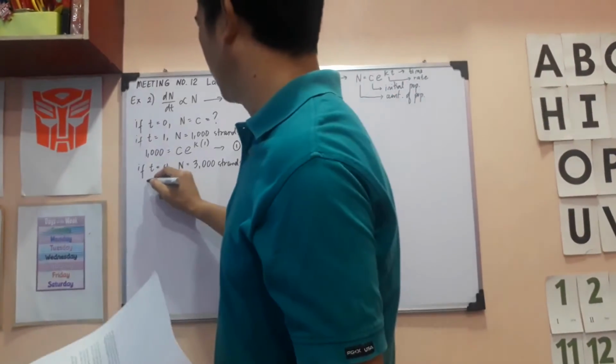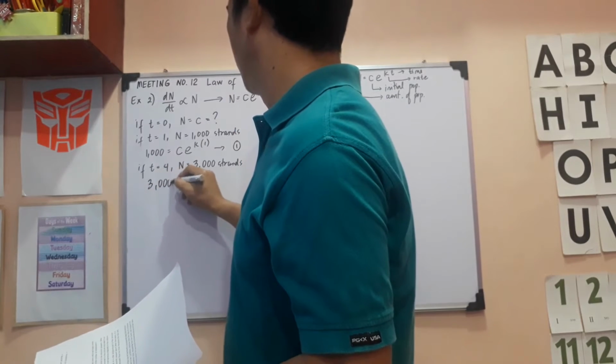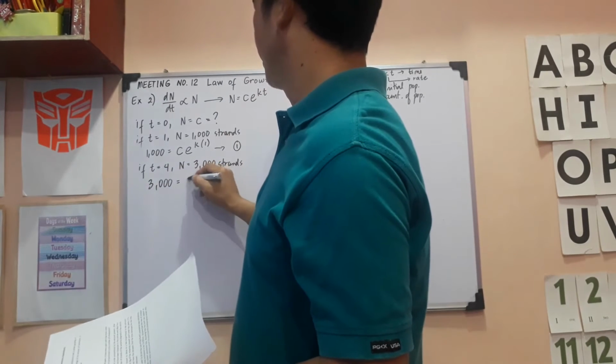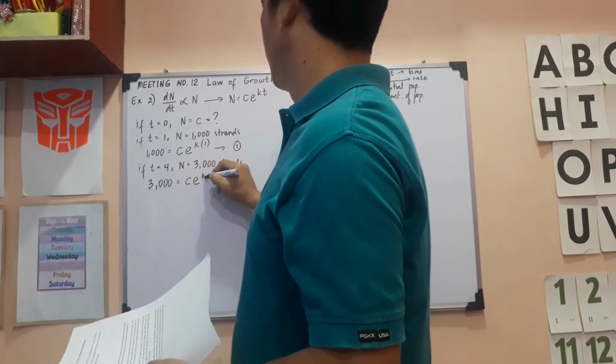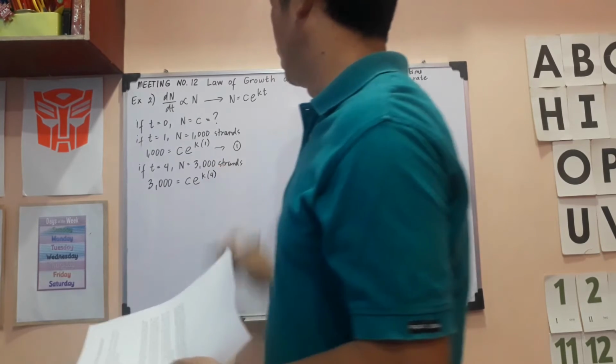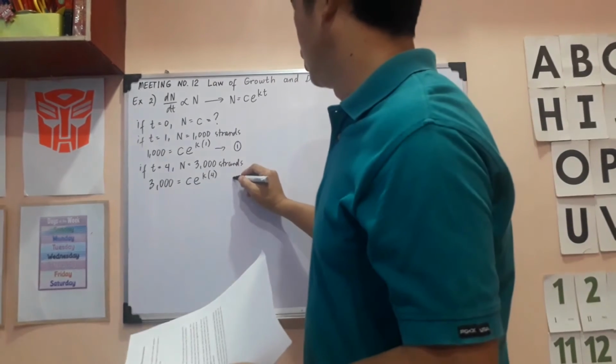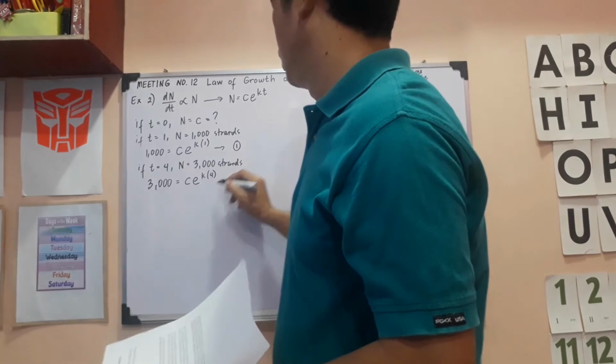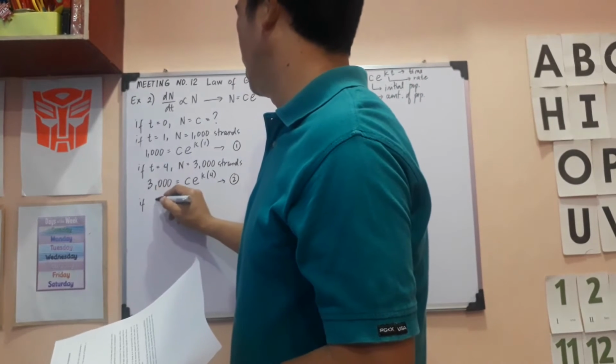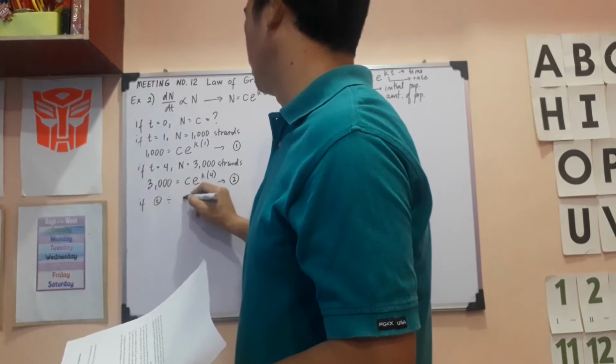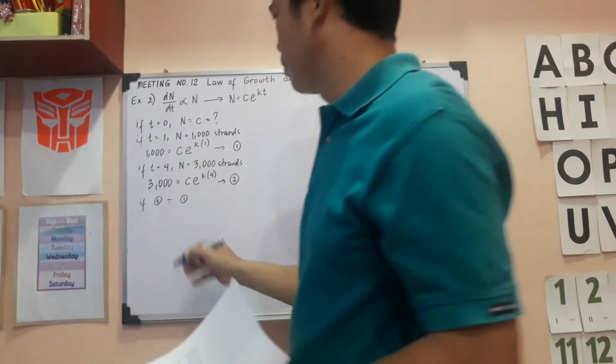So 3,000 for N equals C e raised to K, and then T is 4. So equation 2. Now, if I will divide the 2 by 1, pwedeng 1 divide by 2, ganoon din yon.